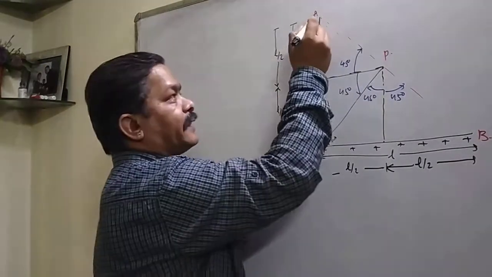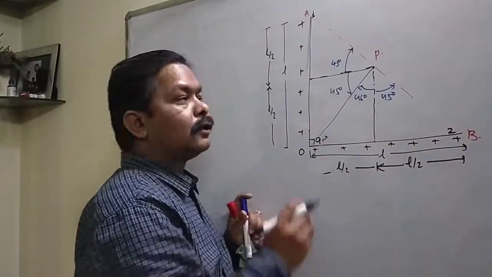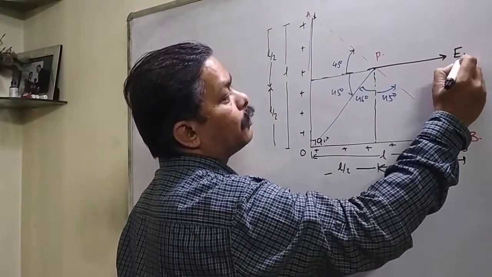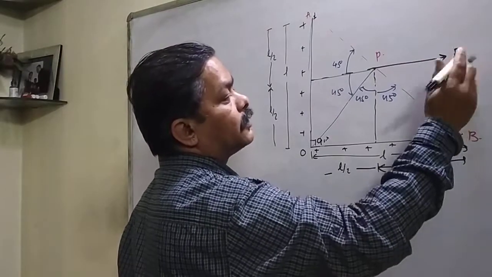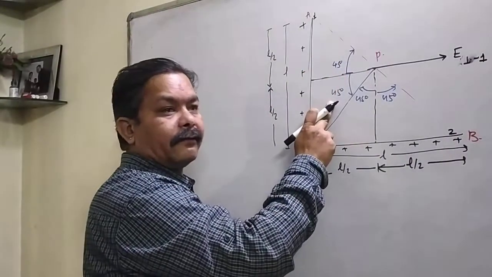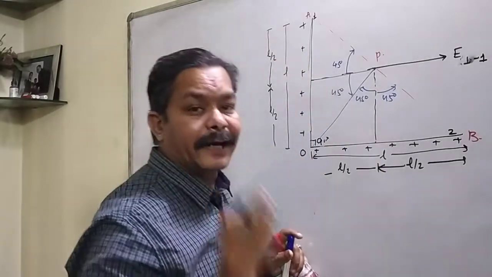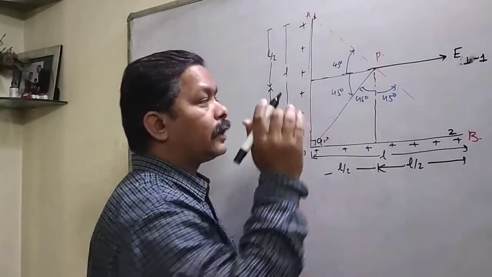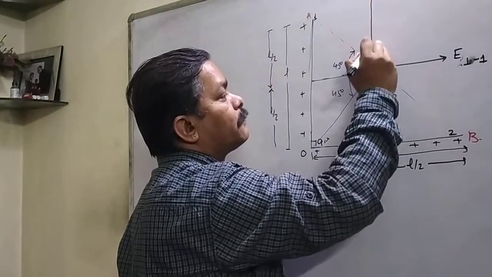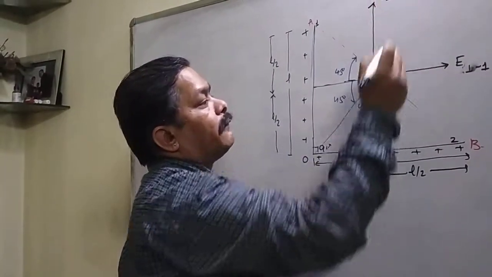Now we are going to assign the wires. This one is wire 1, this one is wire 2. This wire will produce an electric field, and the electric field will have a perpendicular component due to wire 1. Because of the 45 and 45 degree angles, it will have zero parallel component, meaning no parallel component. Similarly, wire 2 will also produce a component which is perpendicular to it. We write it as E perpendicular due to wire 2.